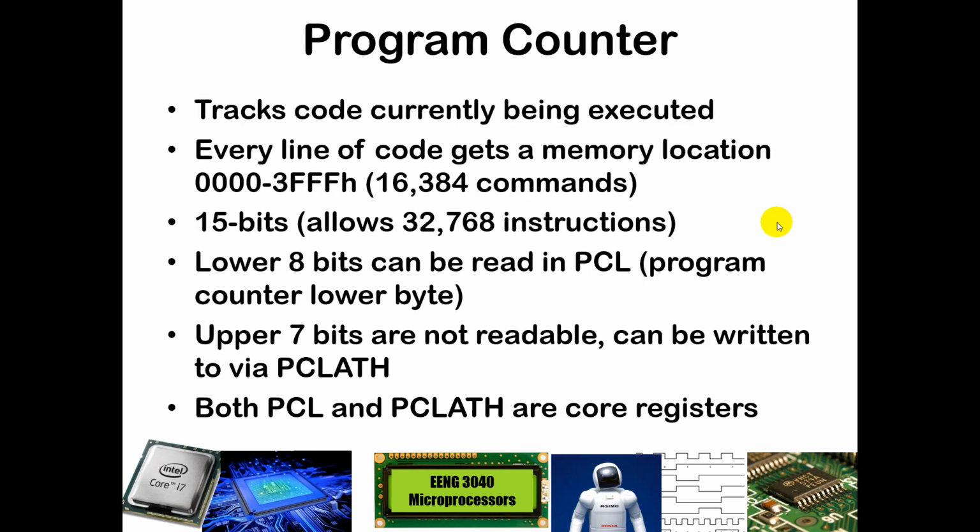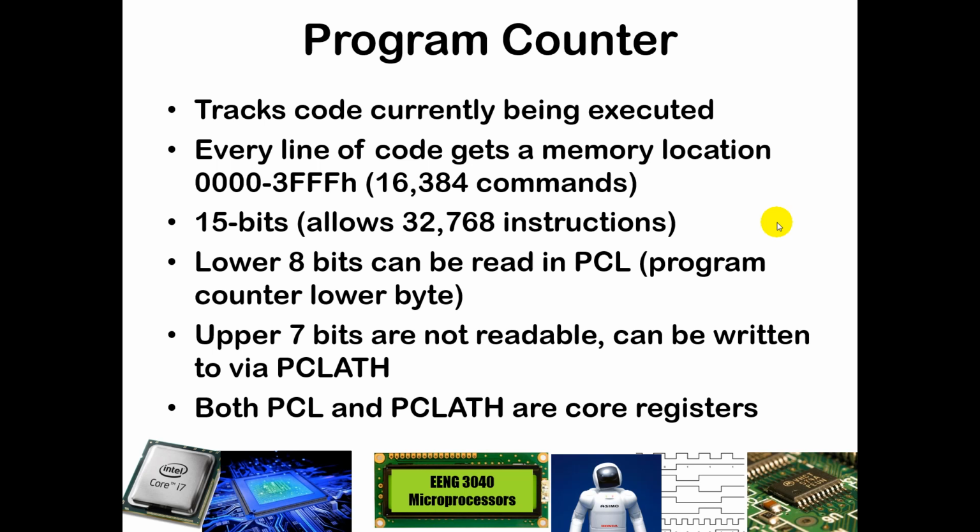The program counter, as I'd already mentioned, keeps track of what line of code you're currently executing, and so it can track up to 16,384 commands. It has memory location 0 all the way up through 3FFF hex. It is a 15-bit counter, so one of the bits is unread, but the other 15 bits are actually spread across two 8-bit registers, and that actually allows the addressing of 32,768 instructions.